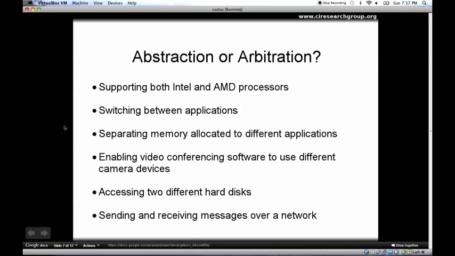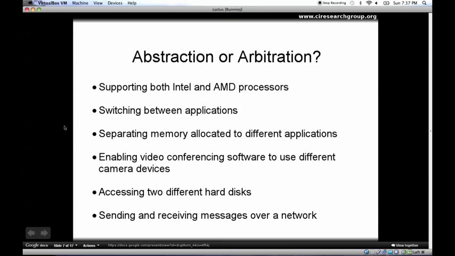Simply write the application once, it will run on either processor. Switching between applications is an example of arbitrating hardware resources among the different applications on the system. Separating memory allocated to different applications is also an arbitration activity. It keeps one application from overwriting the contents of memory that is being used by another application.